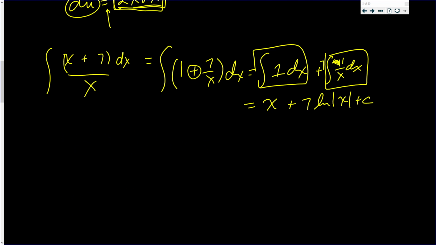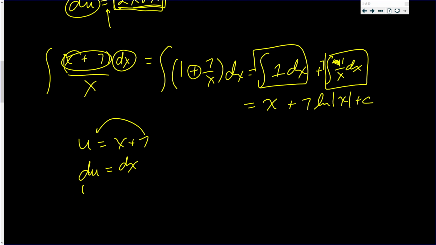Just in case you're going to say, well, you said I shouldn't let u be x, so I'll let u equal x plus 7. That's fine. So I have this, that's u, and du, that's dx. Ooh, so I know how to write dx in terms of u, and if I bring this 7 to the other side, then u minus 7 is x.